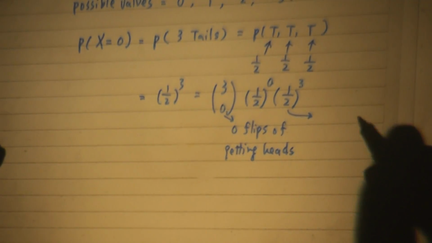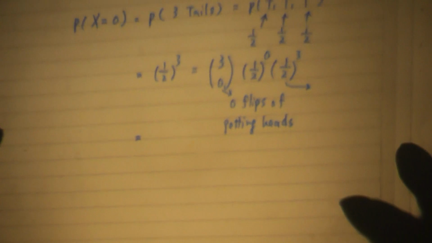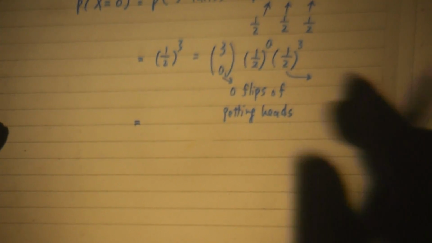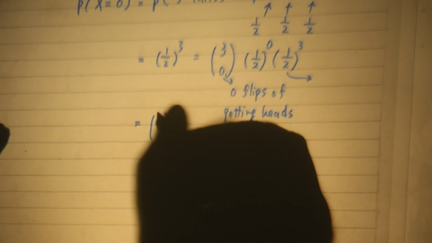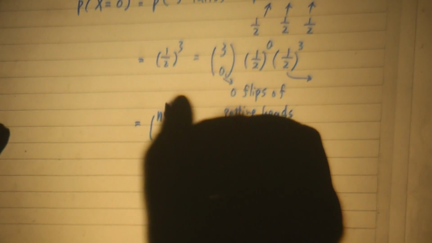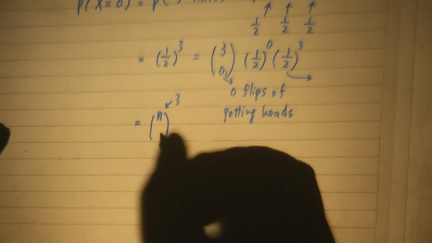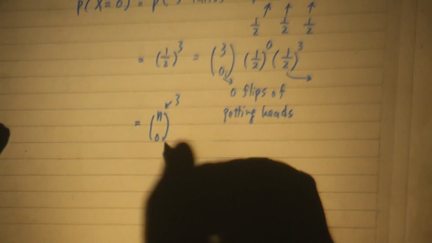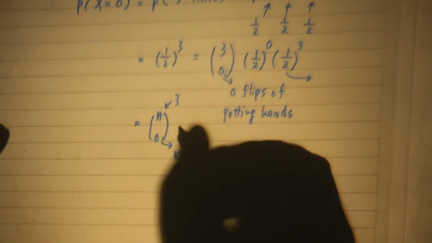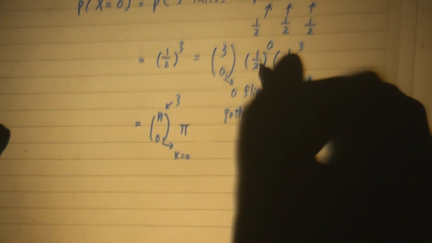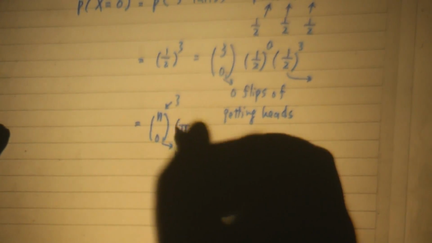But the chance of getting tail is 1 over 2. Okay? If I use the notation to specify this, in our case, n is 3. And the number of heads is 0. This is k equal to 0. Okay? And then the probability of getting heads is pi.